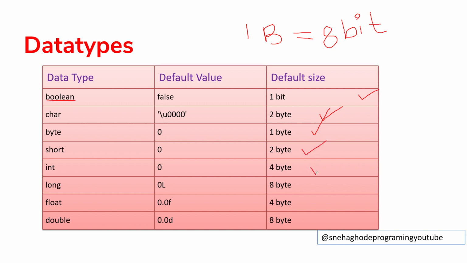Integer is going to occupy 4 bytes of memory. Then long is going to occupy 8 bytes of memory. Then float is going to occupy 4 bytes of memory, and double is going to occupy 8 bytes of memory.